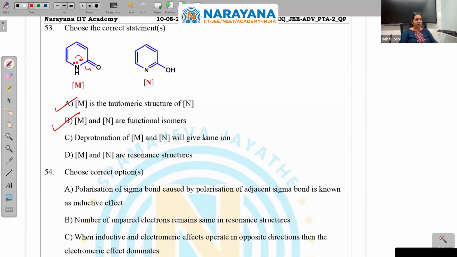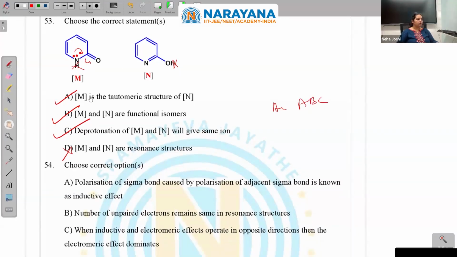Deprotonation of M and N will give the same ion. That is true. M and N are resonance structures. No, they are not resonating structures. So the answer for this should be A, B, and C. That is correct.